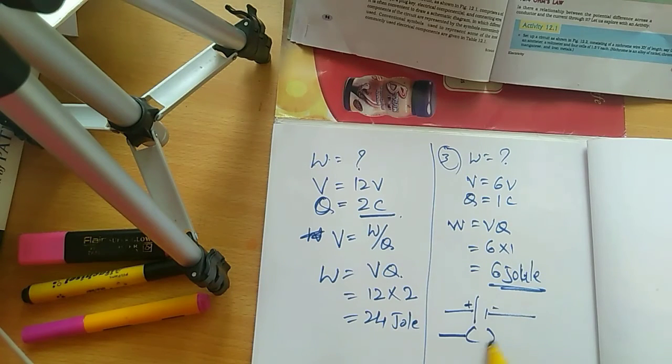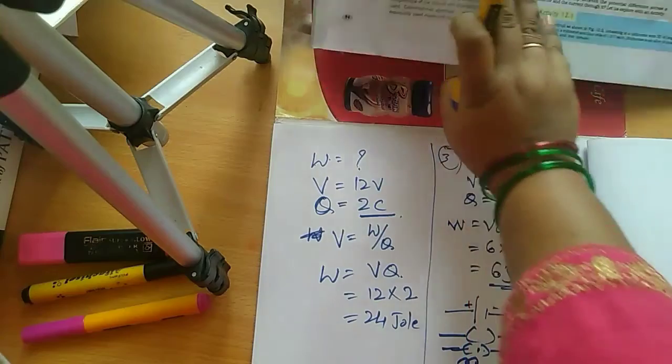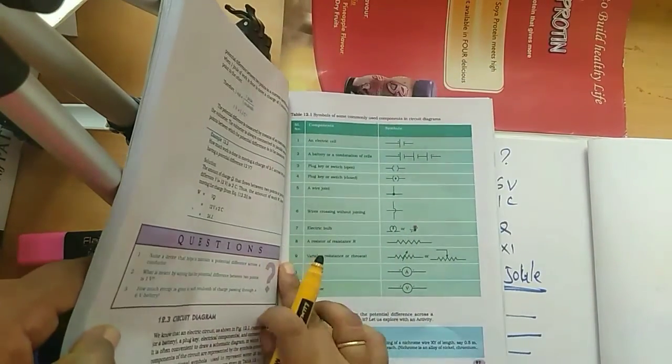If it is a plug, you can write an open plug; if it is closed, you can write like this. Here, this is closed. And a bulb you can write like this. These are some symbols they gave in the electricity chapter. You can go through the symbols of components in this.